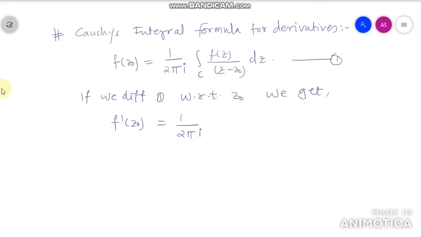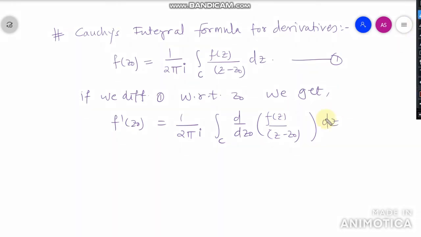So this is d by dz0 of f of z divided by z minus z0 dz, as this is a function of z and z0.